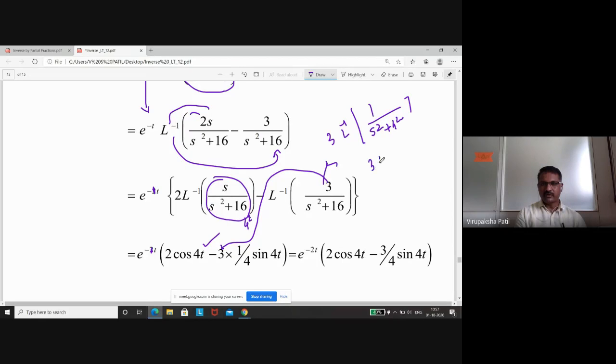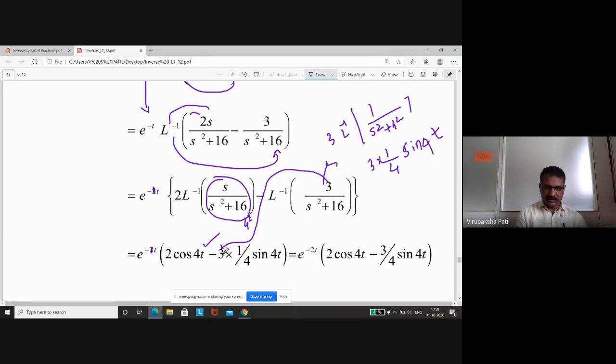Numerator does not contain s term there, so you can write this as 1 divided by 4 into L inverse of this quantity, which is 1 divided by 4 times sine 4t. So it becomes 3 into 1 by 4, which is 3 by 4, as I have written clearly here.